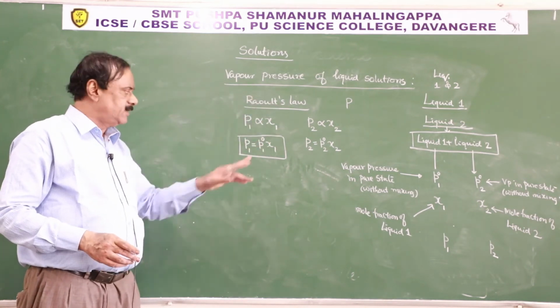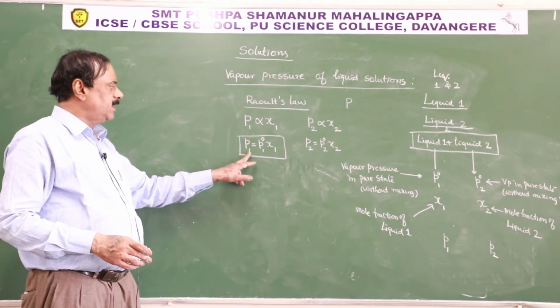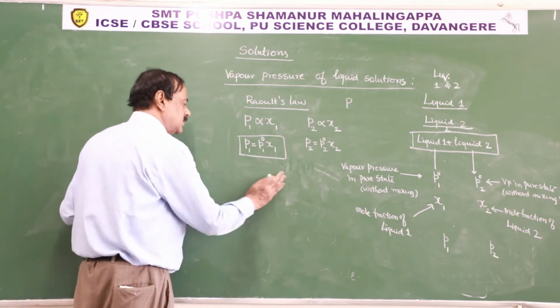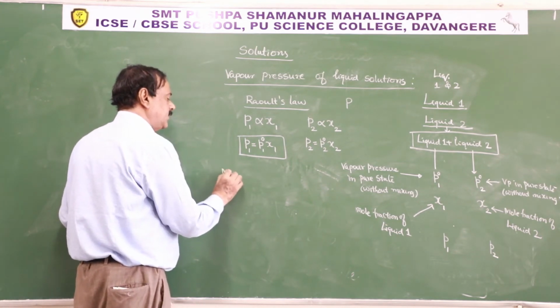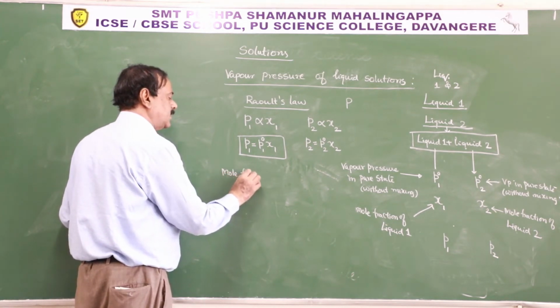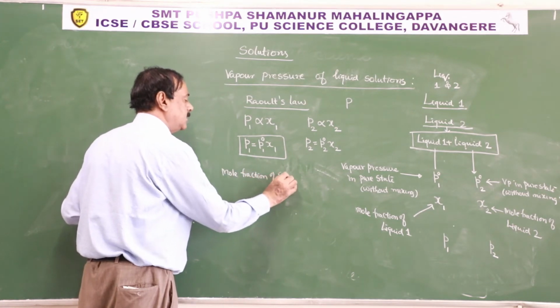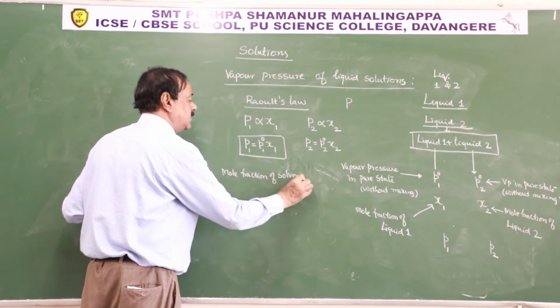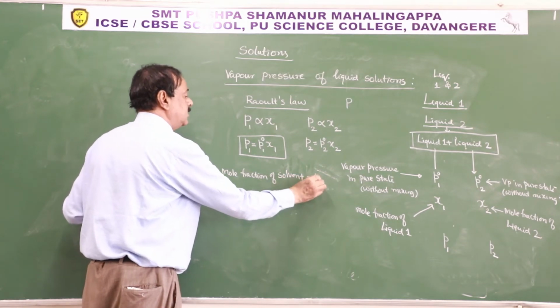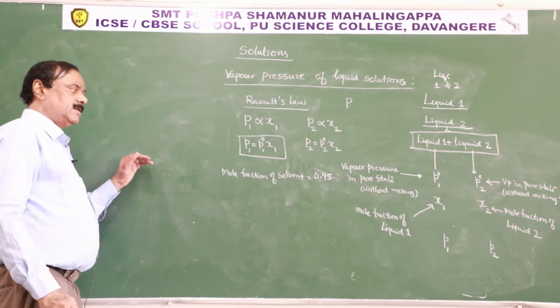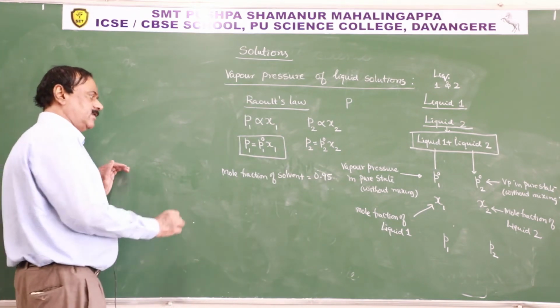Now suppose two liquids are there. Suppose the mole fraction of the solvent is equal to 0.95.